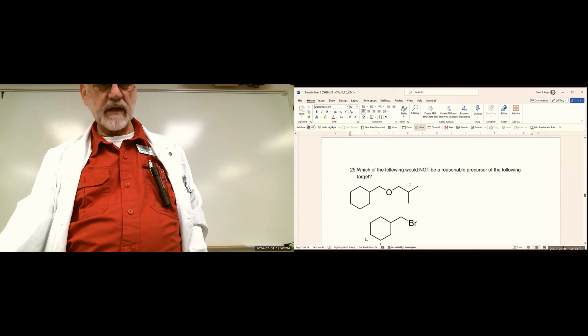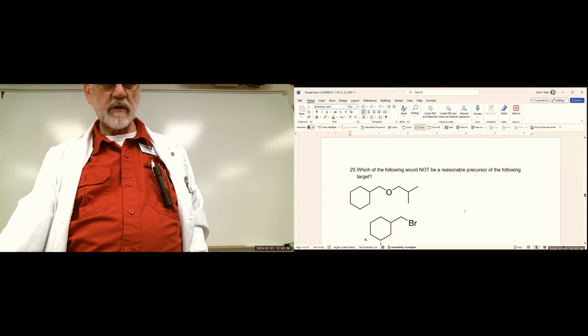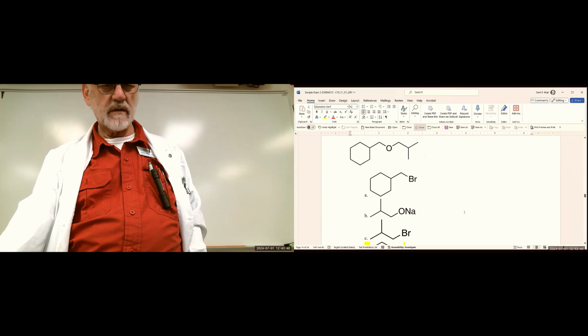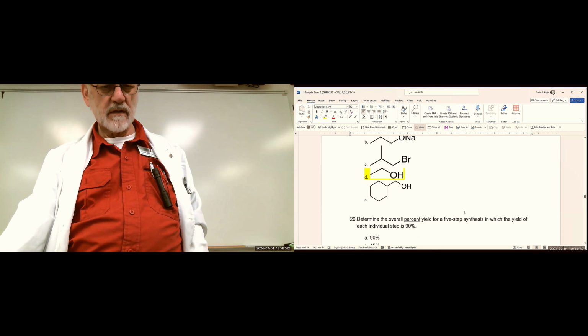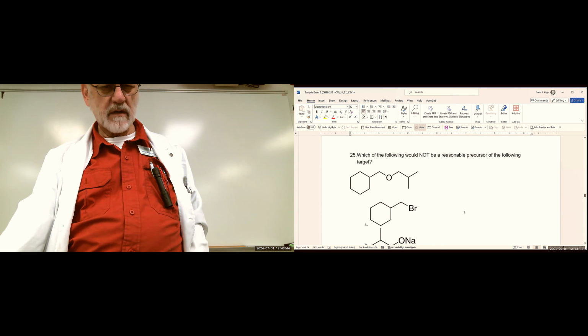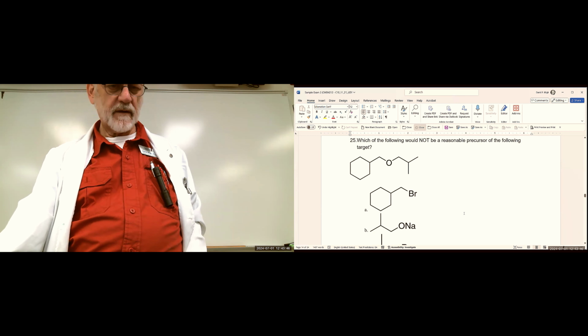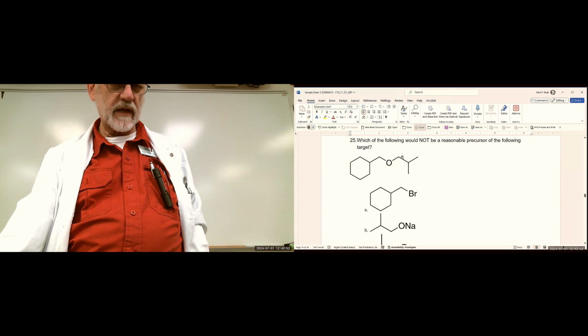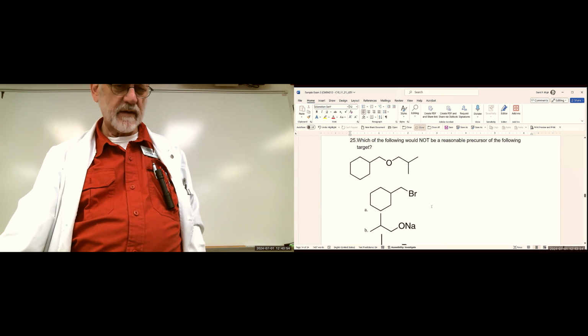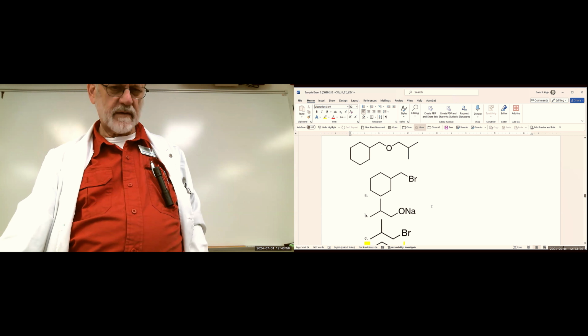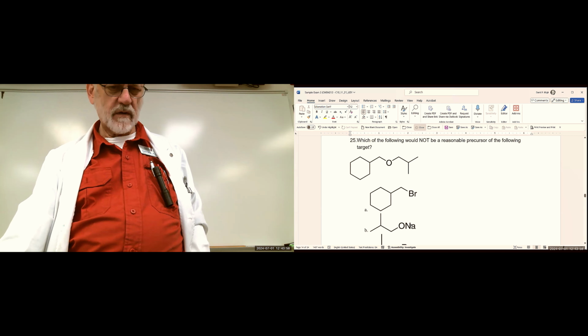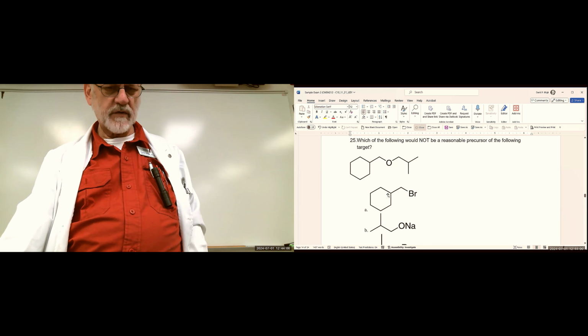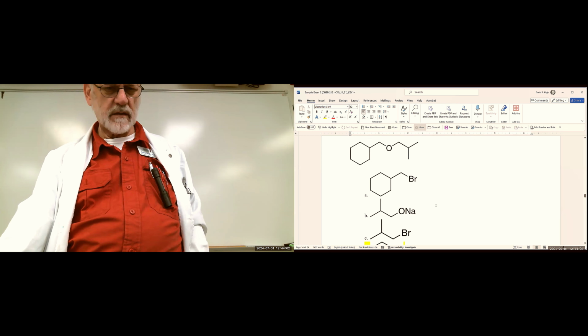I'm just identifying the keepers, which the following would not be a reasonable precursor of the following target. Okay. Well, let's see. We've got a benzyl group on that side with an ether and an isopropyl on that side. All right, so there's an isopropyl, there's a benzyl bromide.